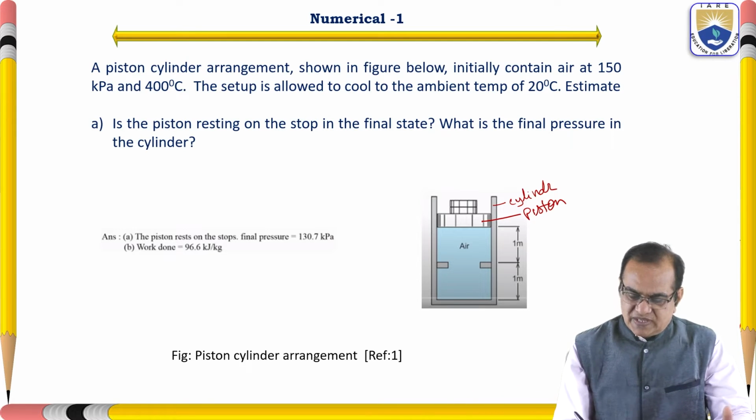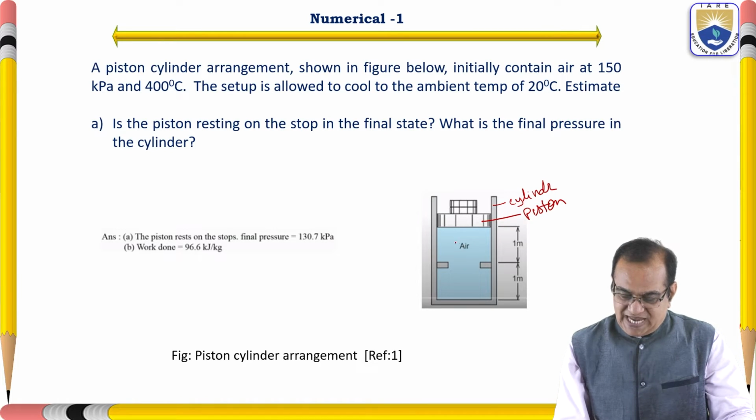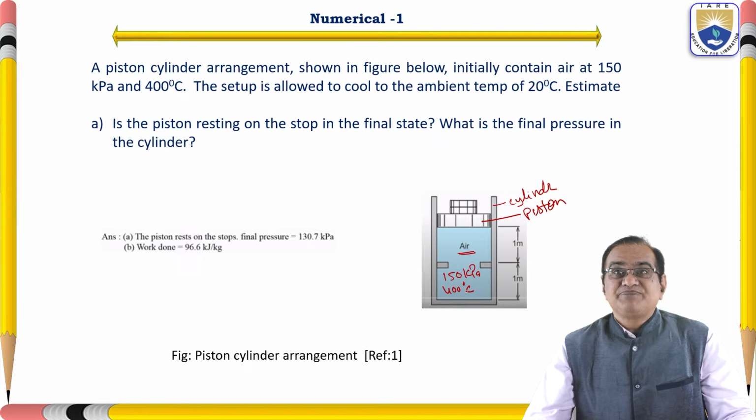So here there is a piston, there is a cylinder, and it initially contains air at 150 kilopascal and the temperature is 400 degrees centigrade. So this is our first condition.